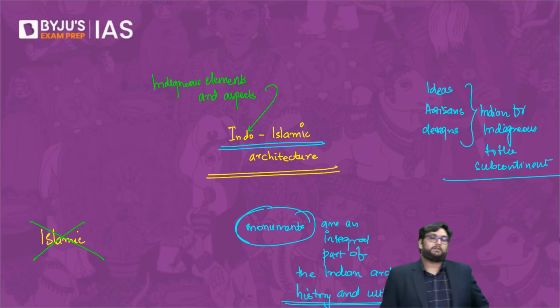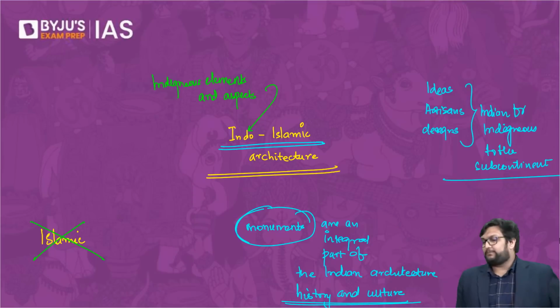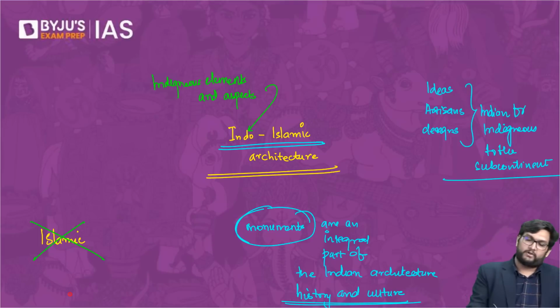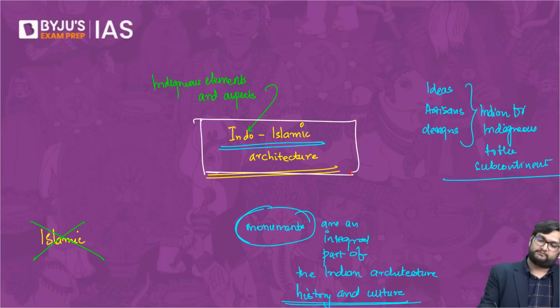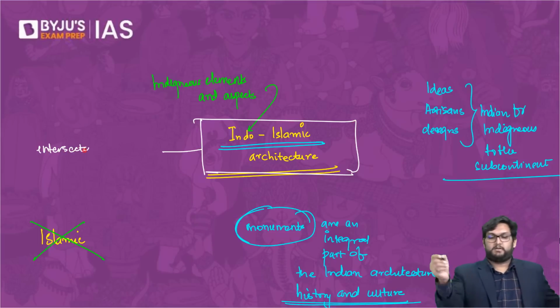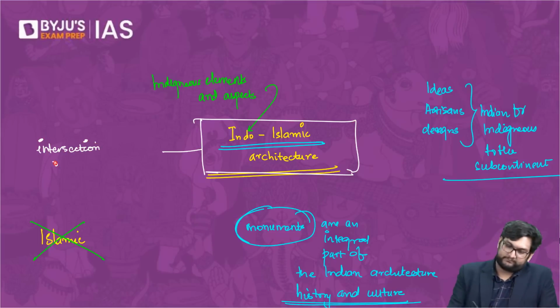And therefore, Indo-Islamic architecture represents a confluence or an intersection of two cultures to create a unique blend.